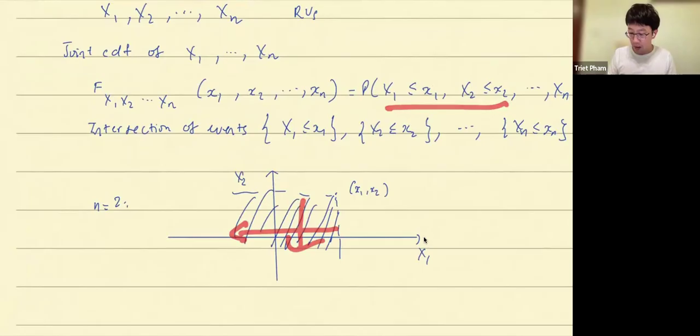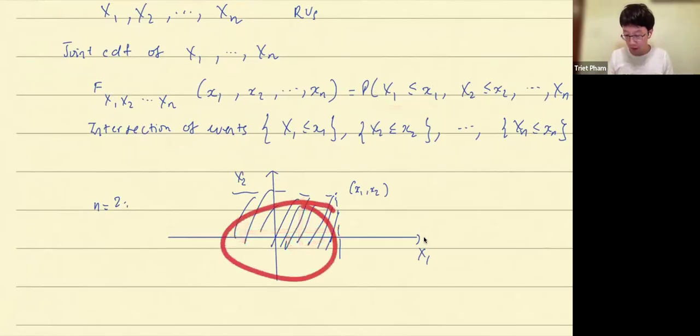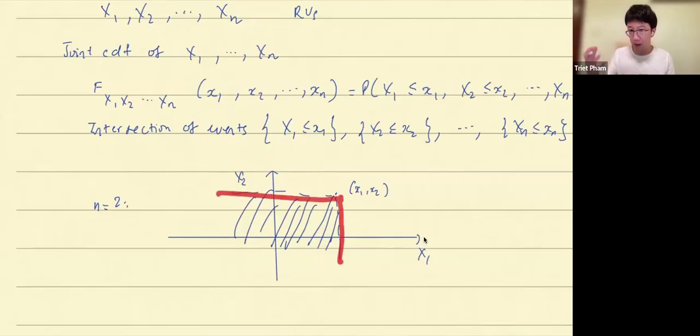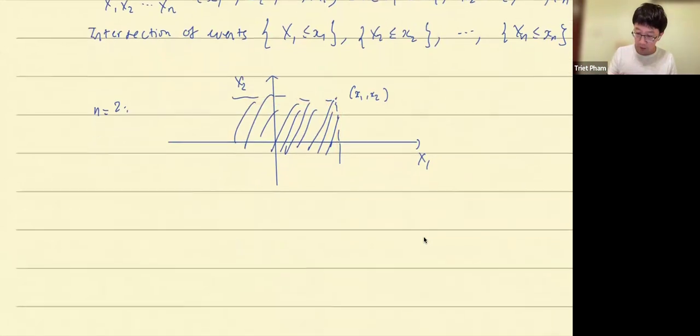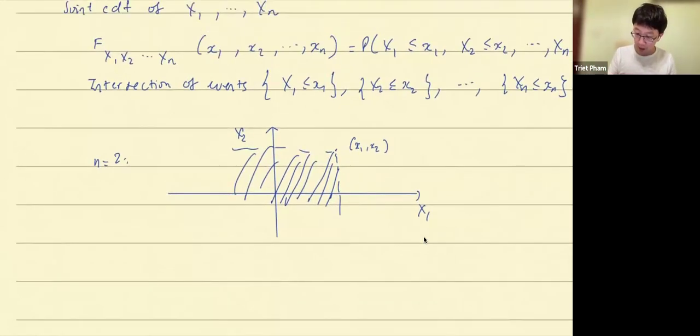Of course, this is not exactly the area of the rectangle as we think of it, the Cartesian area. It also depends on how you assign the weights, but the area we're looking over is exactly these ones.